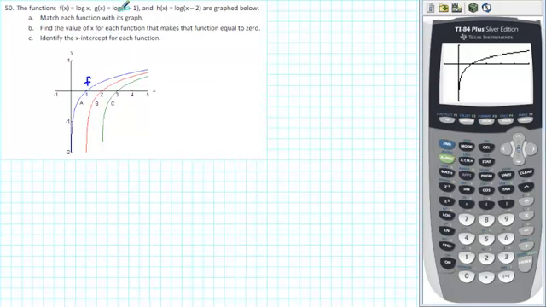For g of x equals the logarithm of x minus 1, we go back to y equals, and we enter the logarithm of x minus 1 for y2.